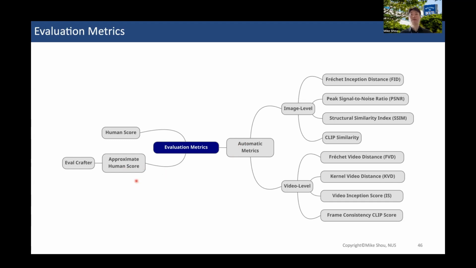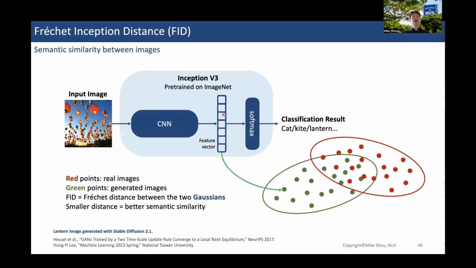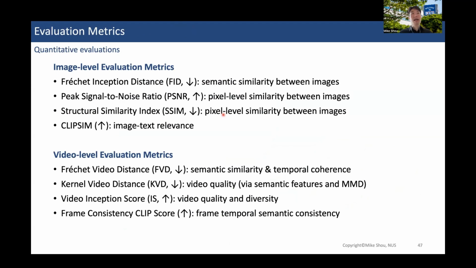So we will first introduce these different automatic metrics. They can be categorized into those in terms of the image and those in terms of the video. This may not be that complete, but I believe after this you will get a sense of the different kinds of metrics.